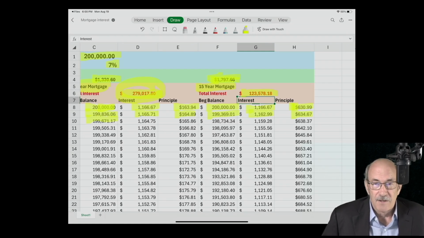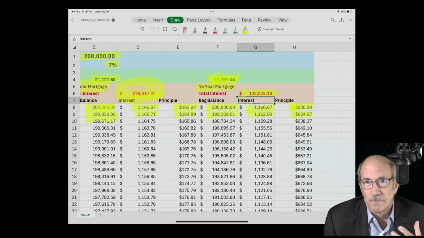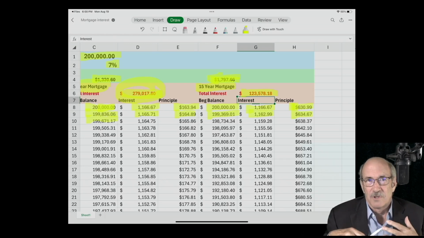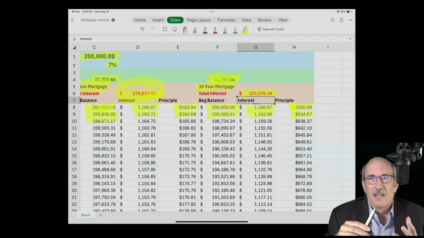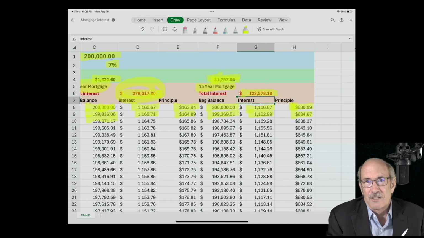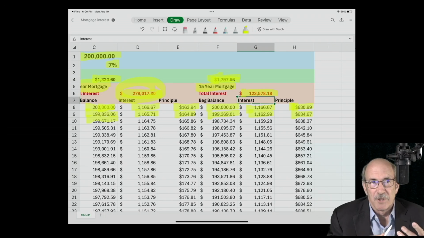Now, I know this is a corporate finance class. This is really more about corporations, but let me just throw out a little piece of advice from a personal finance perspective. You might not want to get a 15-year mortgage, and that's understandable. You're probably starting off with a lower salary and you want to get as much house as you possibly can for your money and that sort of thing.